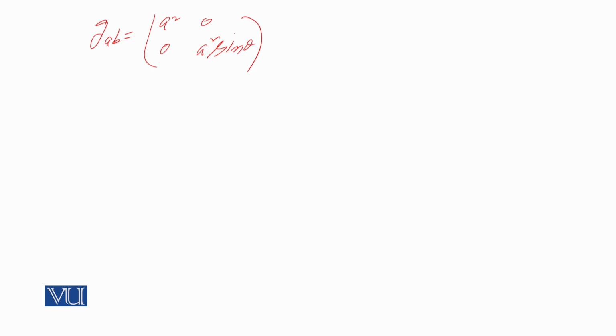In fact, we know that x1 is equal to r, x2 is equal to theta, x3 is equal to phi in spherical polar coordinates. However, we are fixing here the radius as a. So this is constant. It means our first coordinate becomes constant. So we are working on the surface of the sphere. So we are left with only two coordinates, x2 and x3.